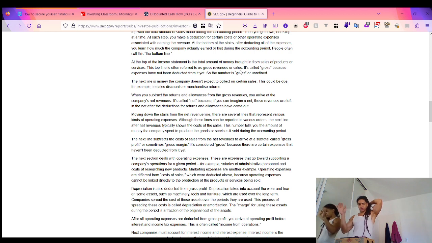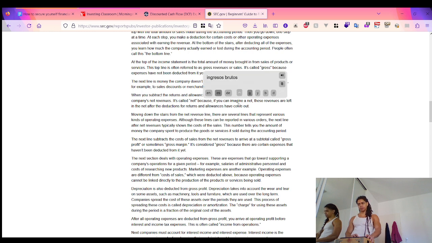To put it in short, TLDR, it is called gross because expenses have not been deducted from it yet. Translated to Spanish, it is ganancias brutas o ingresos brutos. Exactly. They call it gross because expenses have not been deducted from it yet, so the number is gross, or unrefined.